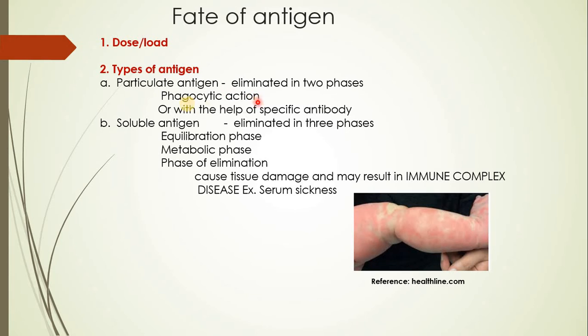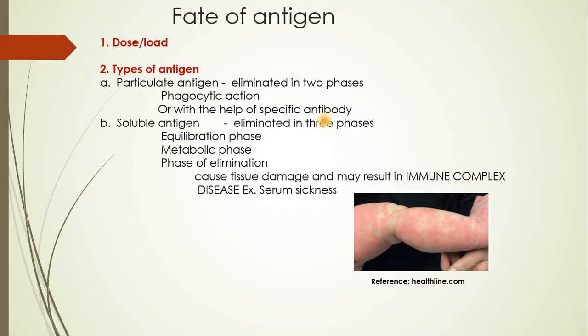So we can say because the antigen is engulfed by these immunocompetent cells, the action is phagocytic action. Sometimes the particulate antigens are removed by the action of specific antibodies, and here specific antigen antibody complexes are formed, and then such complexes are removed by the process of phagocytosis, right?